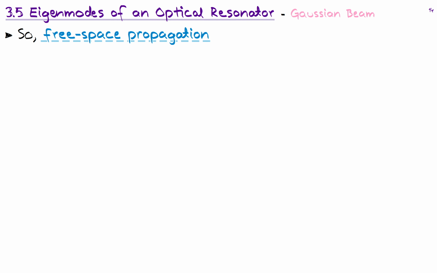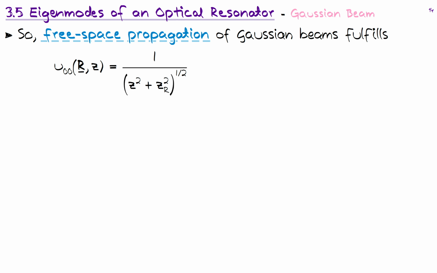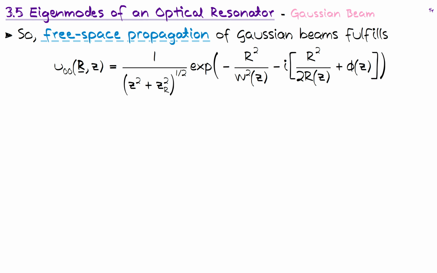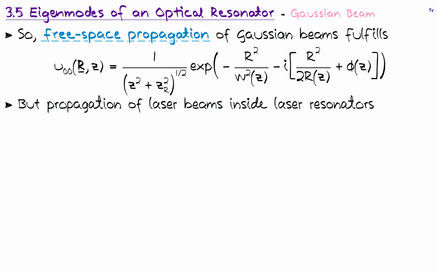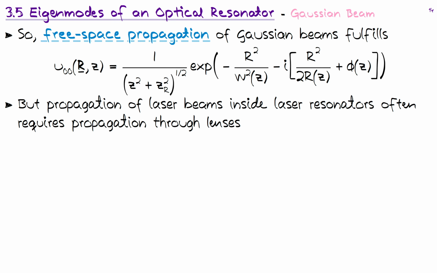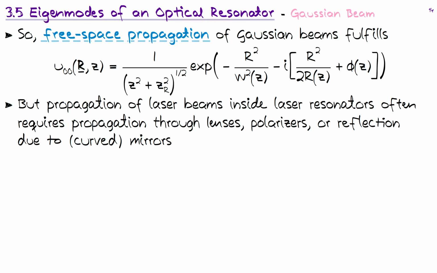So we have free space propagation of a Gaussian beam that fulfills the equation that we just wrote out. This is how we can understand beam propagation. But the trouble is that for propagation of laser beams inside laser resonators, we often need to also understand propagation through lenses, polarizers, or reflection from curved mirrors.